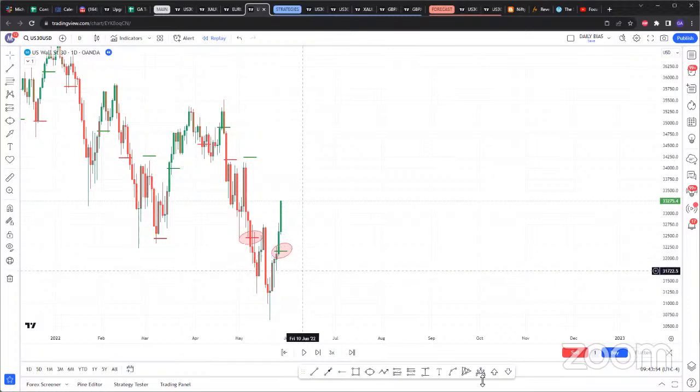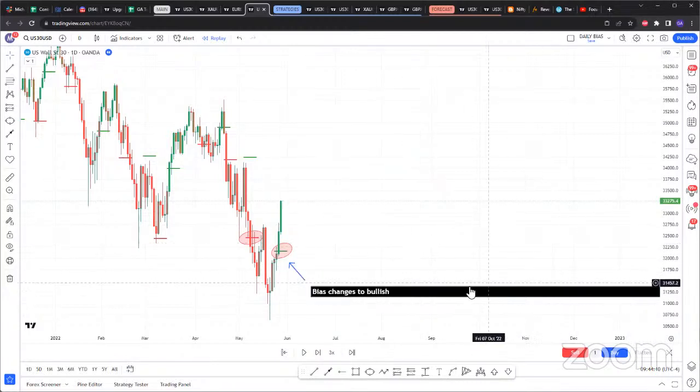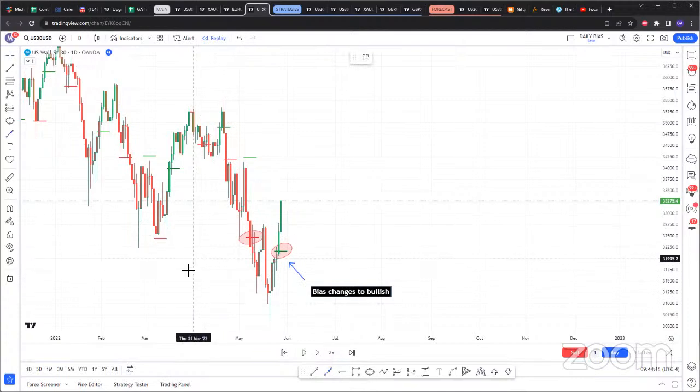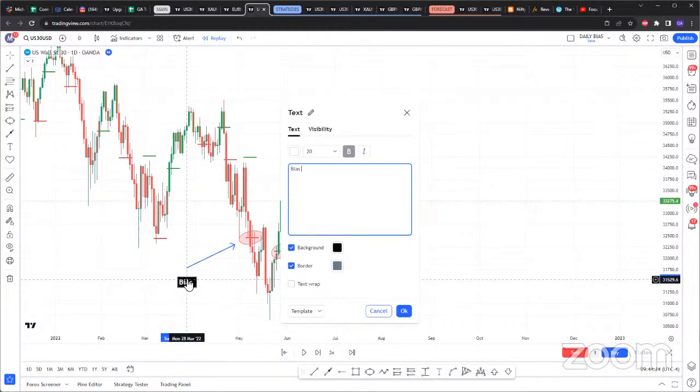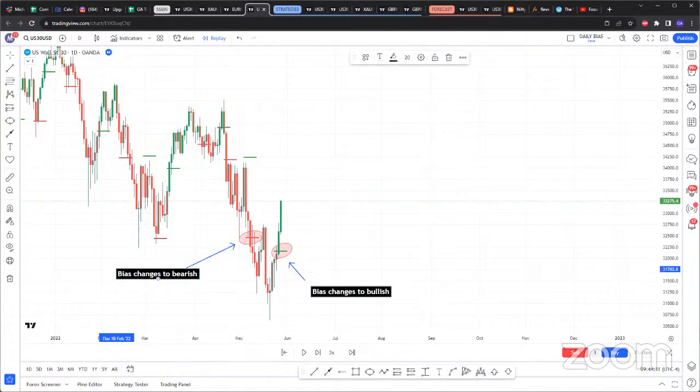So at this point, my bias changes to bullish. And here, right? So hopefully we're together up until there.